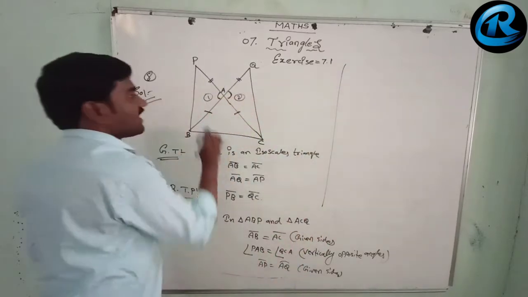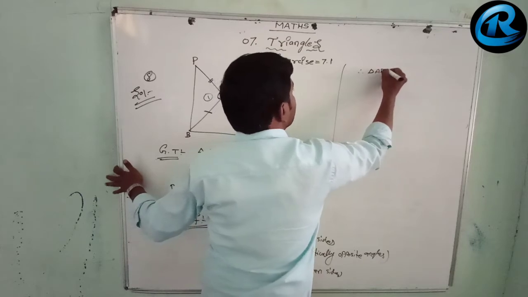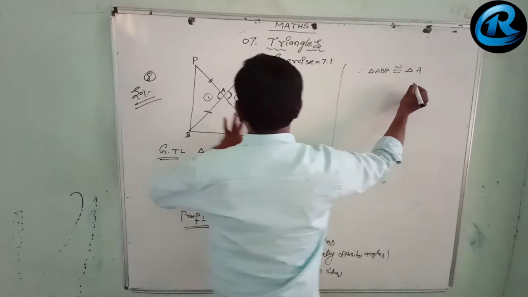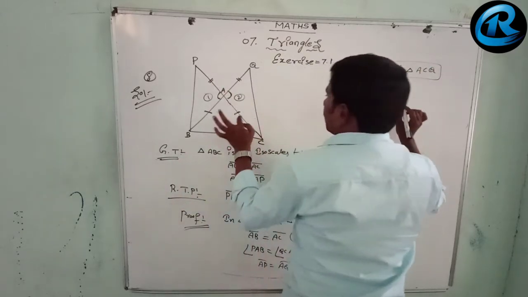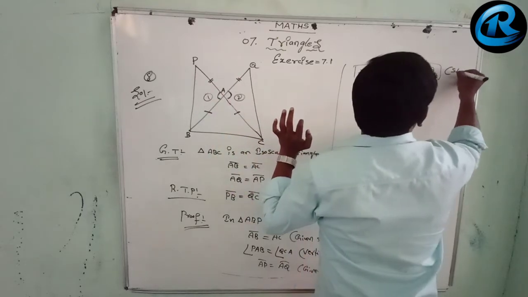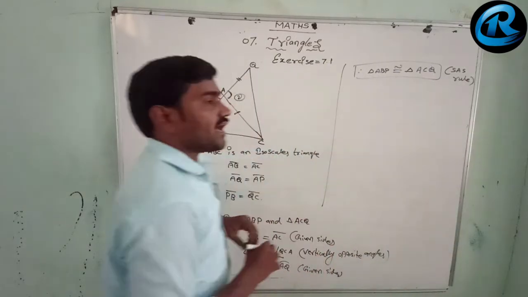So triangle ABP is congruent to triangle ACQ by the side angle side rule.